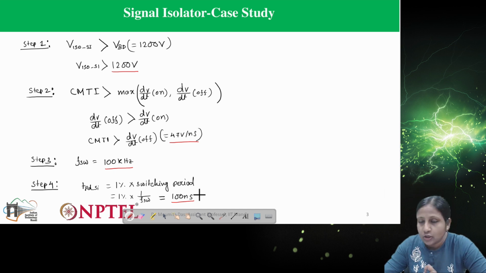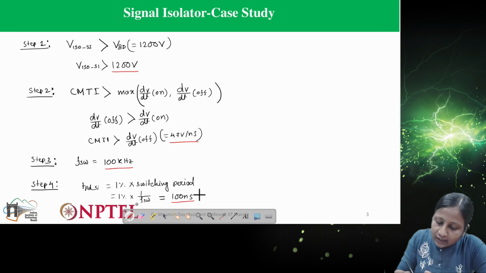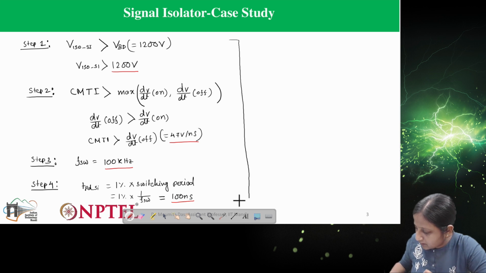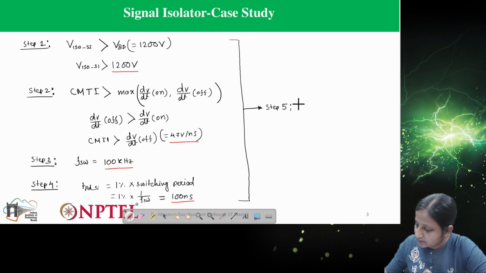Now if we have all these parameters, you can get the different parameters from the data sheet, and then the last step, step 5, select the signal isolator.